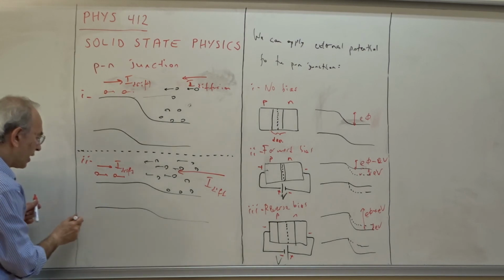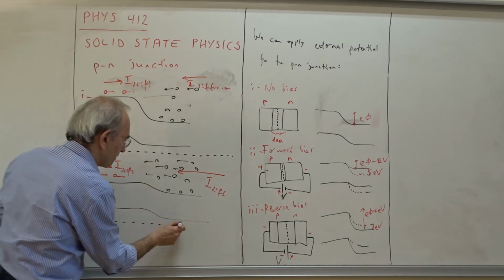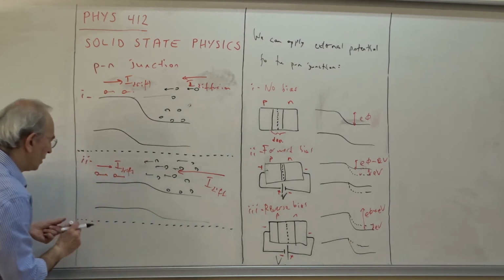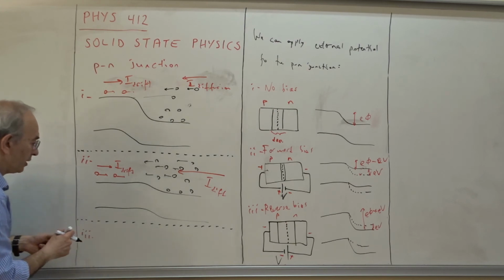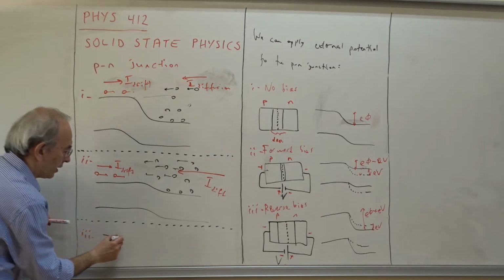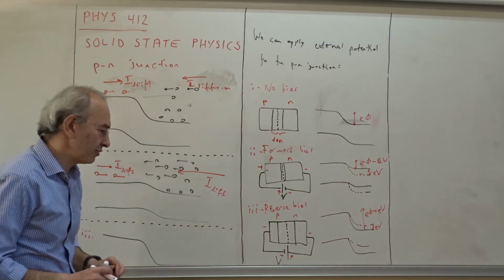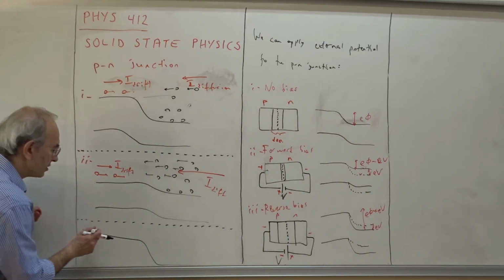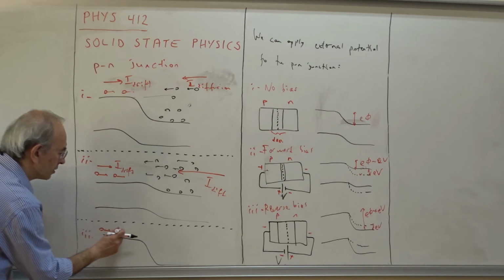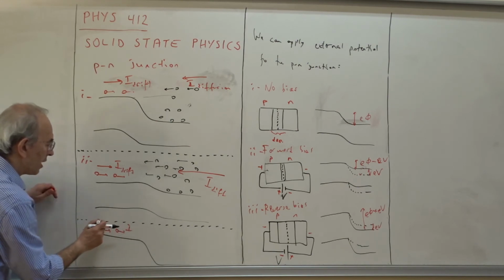However, in the last case, case 3, reverse bias, we have a much steeper hill, I can just show one part of it only. These are the same carriers, so I drift is the same.